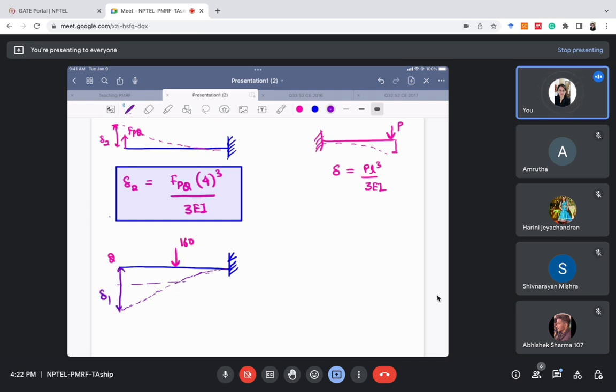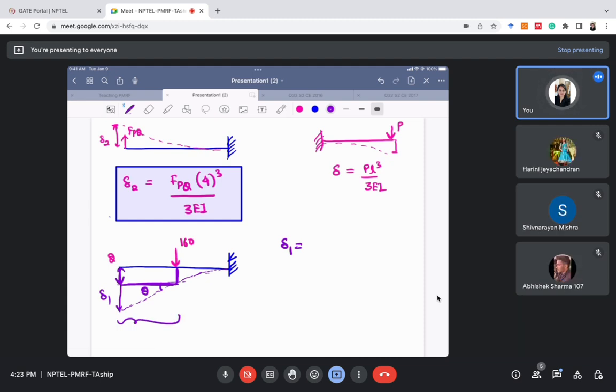So what will be delta 1? This deformation here will be equal to the deformation at this part, plus theta times this length. This is the standard way in which we find it. I've discussed it a lot of times. If you have any doubt in this part, please let me know.